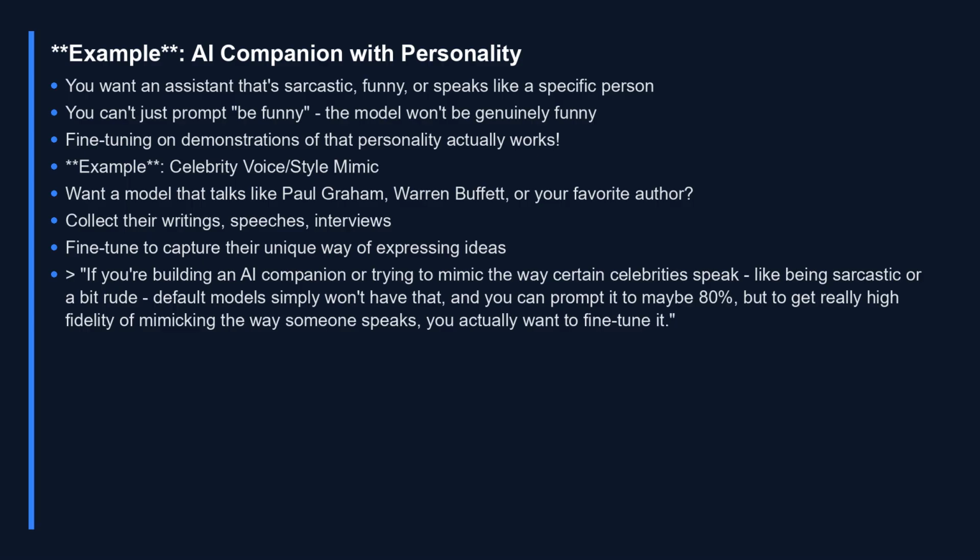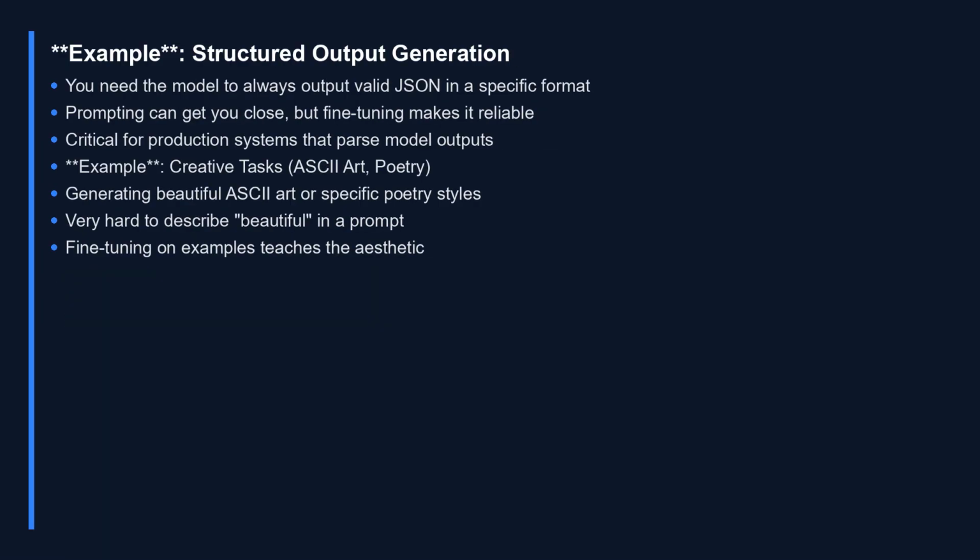Fine-tuning on a corpus of someone's actual writing, speeches, and interviews captures those patterns at the weight level. The model isn't performing the style, it has internalized it. That's the difference between a convincing impression and a genuine voice. Two more use cases that are harder to solve with prompting alone.